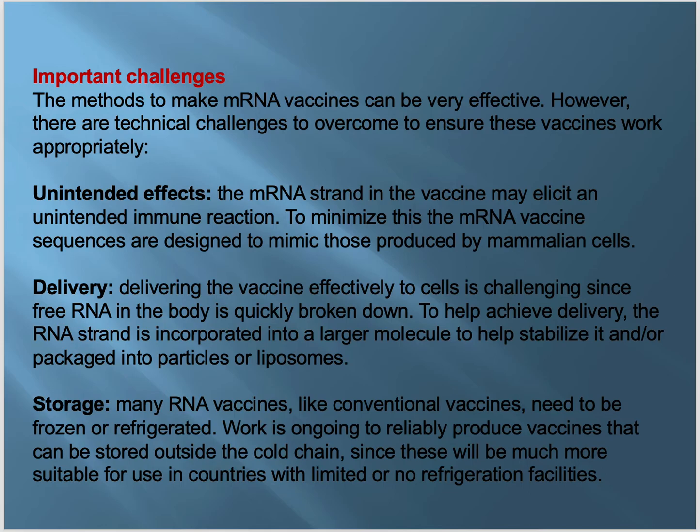Now although there are promising things, the RNA vaccines also have some challenges. So what are those challenges? Such as unintended effects. The messenger RNA strand in the vaccine may elicit unintended immune reactions. However, to minimize this, the messenger RNA vaccine sequences are designed to mimic those produced by mammalian cells.